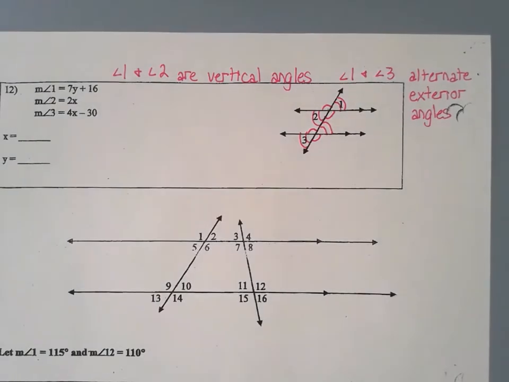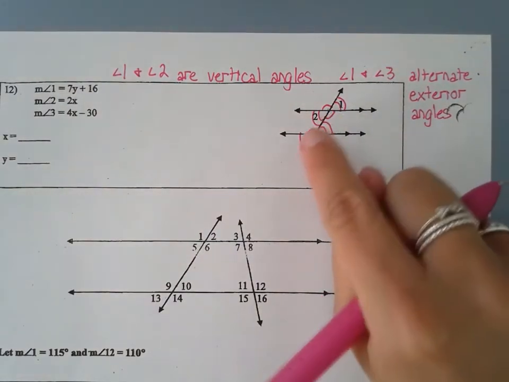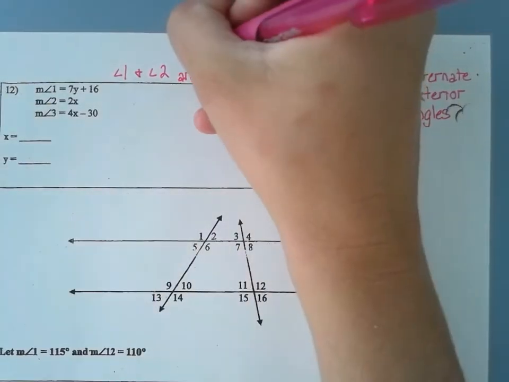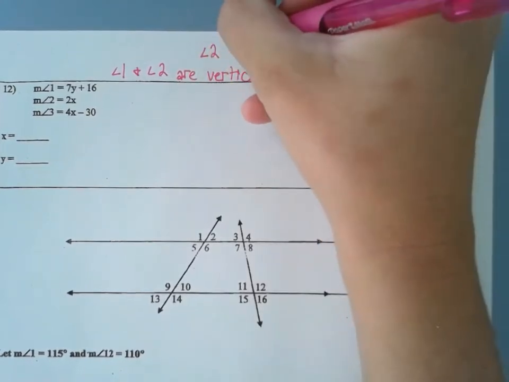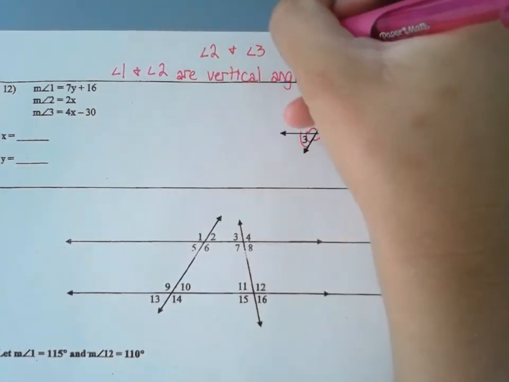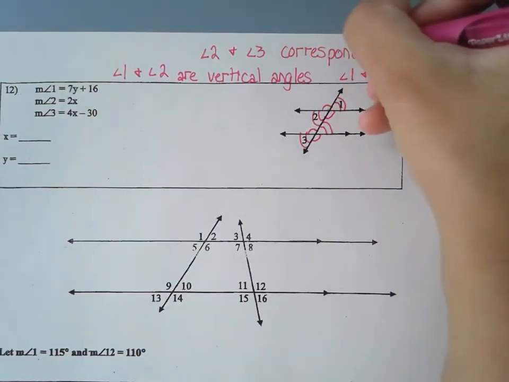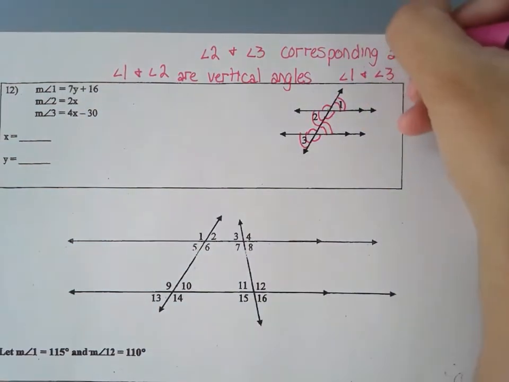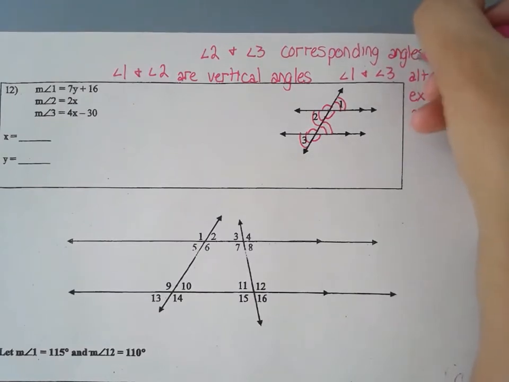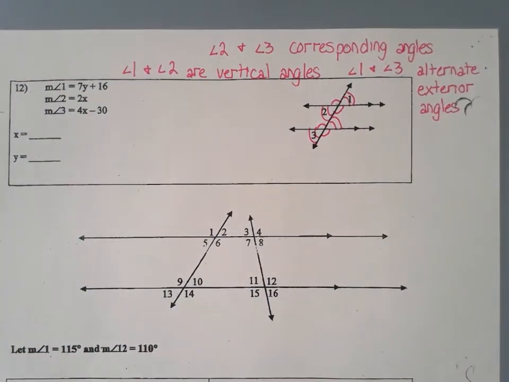And I forgot to mention that angle 2 and angle 3 are corresponding angles. So all of these mean that they are congruent.